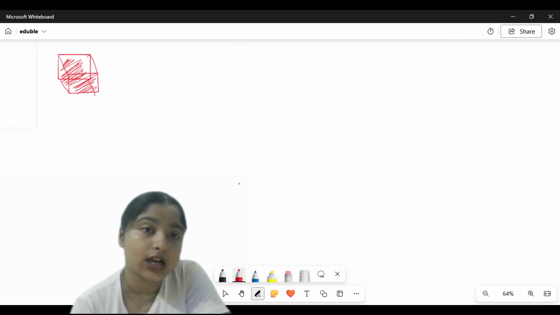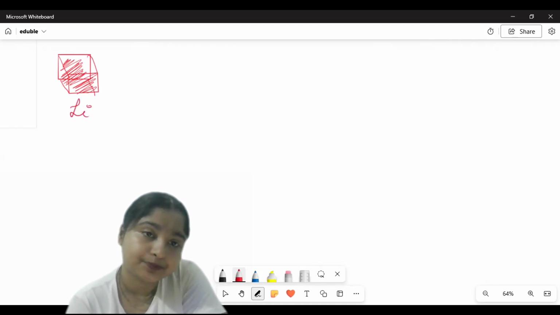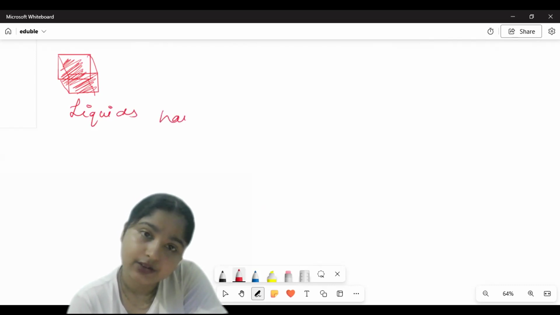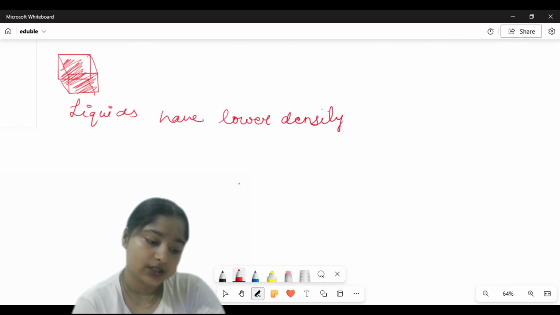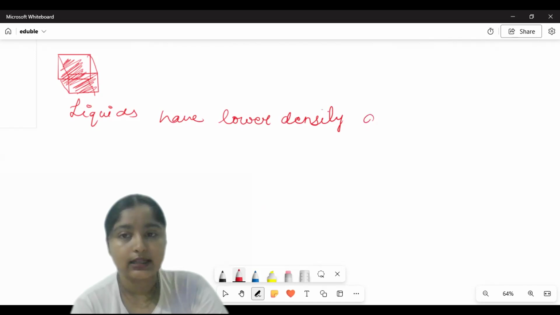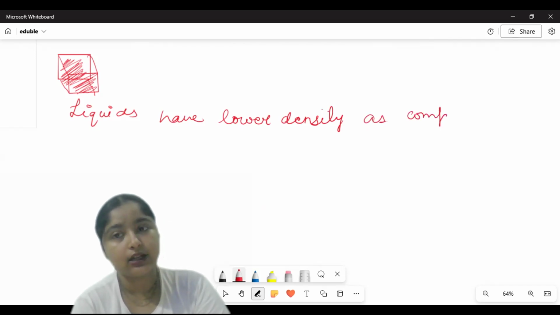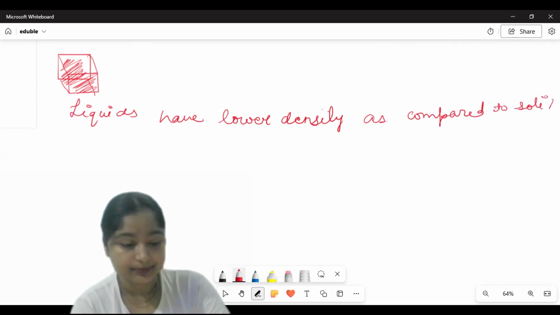So to write the model answer, you can say that liquids have lower density as compared to solids.